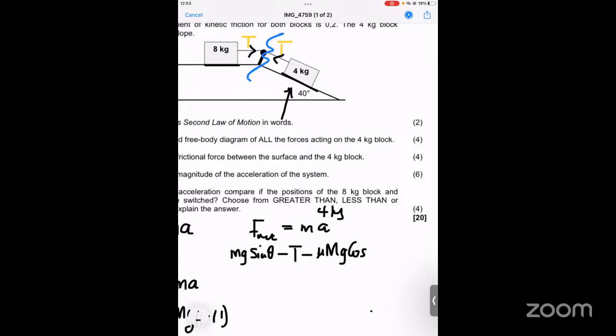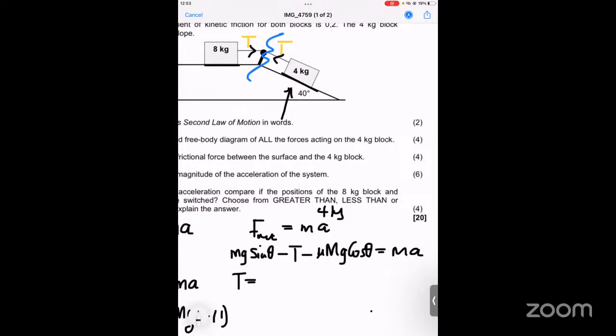Is it done? No, sir. Equals mass times acceleration. Okay, but it has to be cos of the angle, not cos, nay. Yes, sir. Yes, so again, on this one, you will make T the subject of the formula.